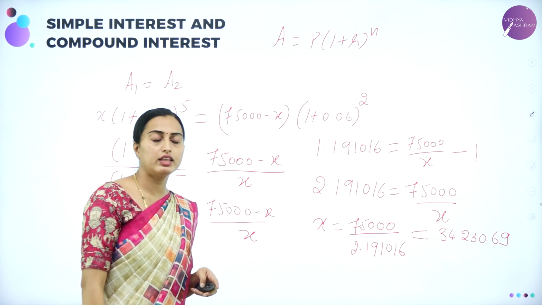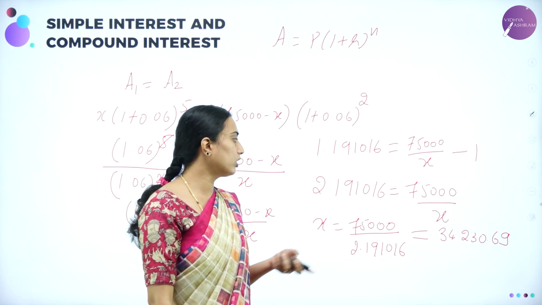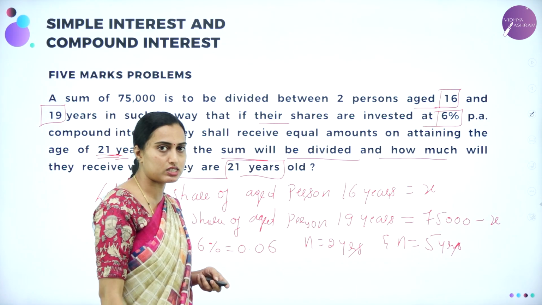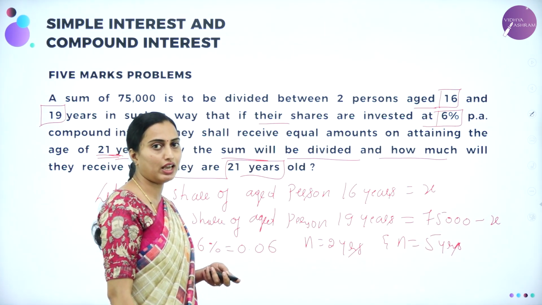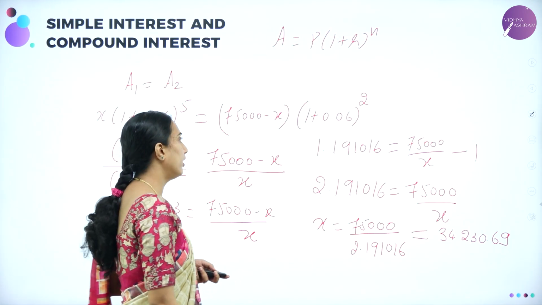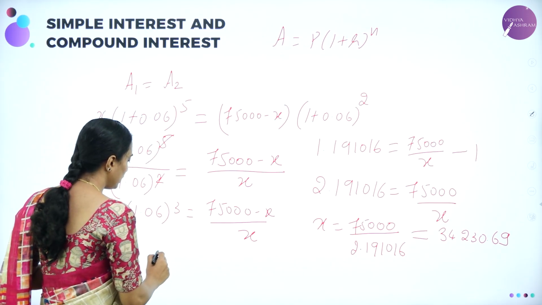Therefore, the 16 years aged person is going to take a share of 34,230.69, because we have considered that as X. Now we need to calculate the share of the 19 years aged person. We have to subtract what we have got from the 75,000.